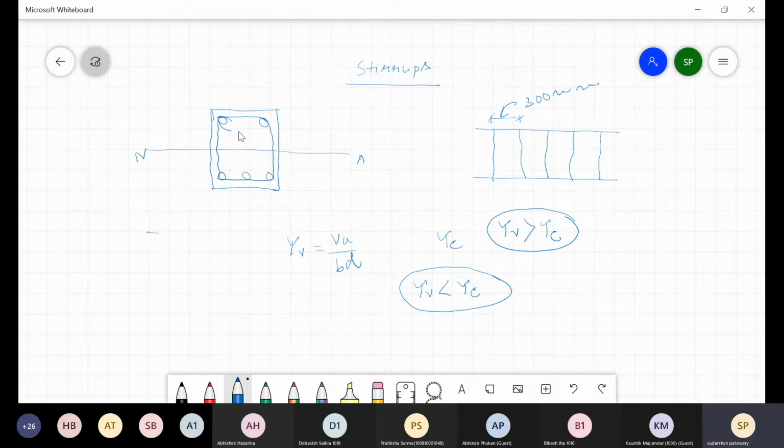I'm drawing this. This is called a hook. So this is your reinforcement, this is another. This is called your stirrups.